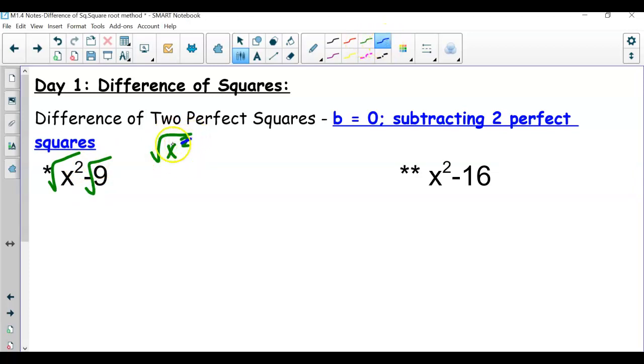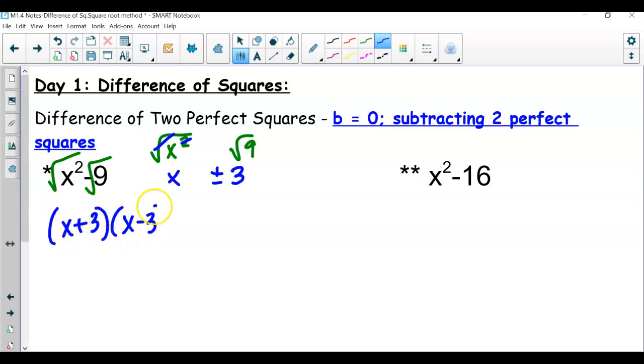So the square and square root cancel out, and you're just left with x. Then the square root of 9, remember, is not just 3, but positive and negative 3. So if I were to write this out, my difference of perfect squares, we would write this as x plus 3 and x minus 3.